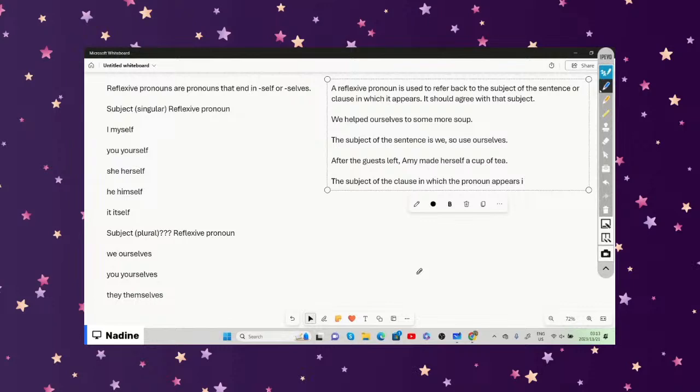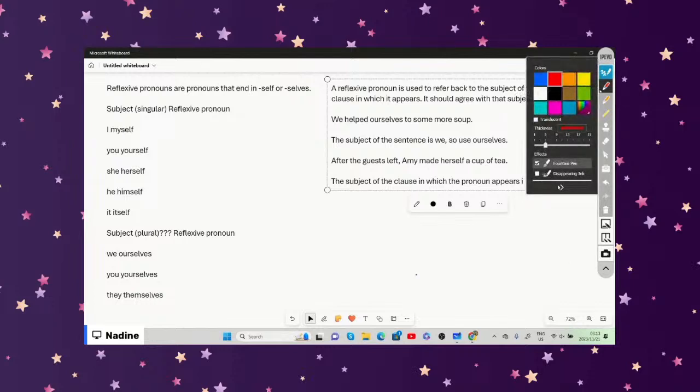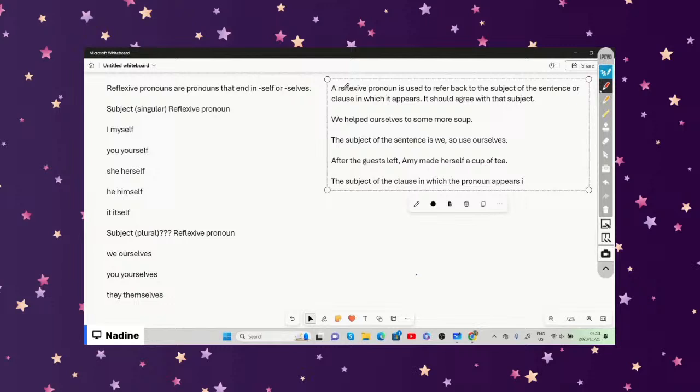Now, if we look at an example: a reflexive pronoun is used to refer back to the subject of the sentence, or in the clause in which it appears, and it needs to agree with the subject. So we say, we helped ourselves to some soup.